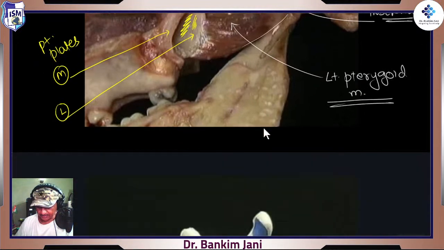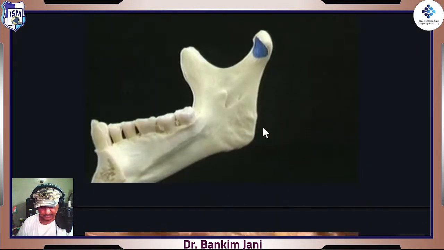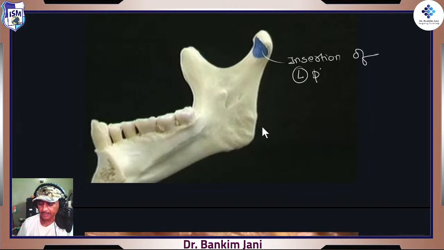To see this, here it is. Again, this is the mandible which we are watching from inside. So we have literally split the mandible and we are watching from inside. This is the insertion. That's where there is insertion of the lateral pterygoid muscle. What is this?